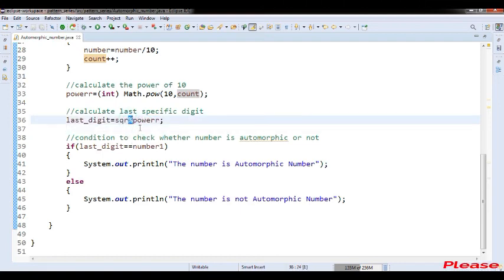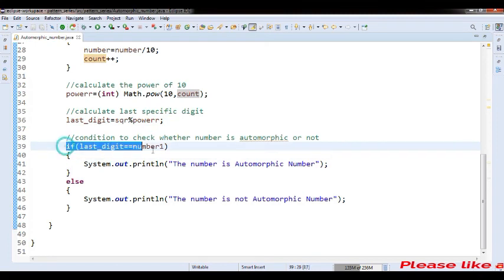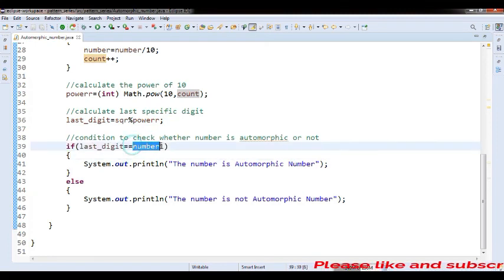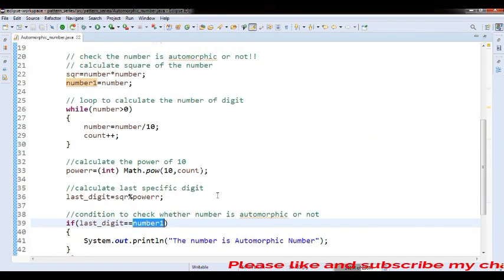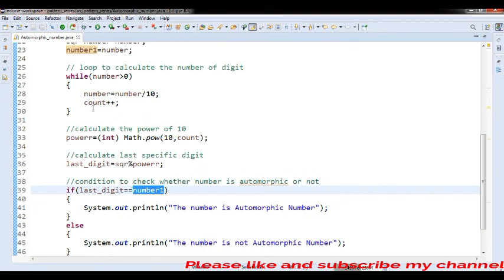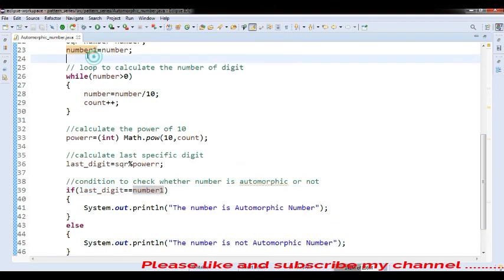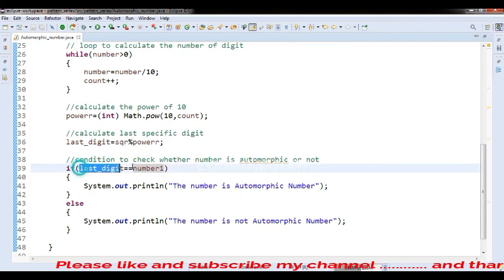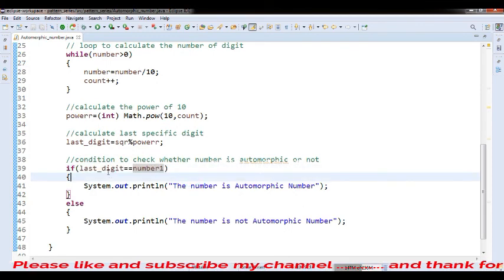Then we check the last digits with the number itself. Here we use number1, the temporary variable, where we stored the number value, because after the loop the number becomes 0, so we use number1 for the comparison. If this condition is true, then we say it is an automorphic number, else the number is not an automorphic number. Is that clear?